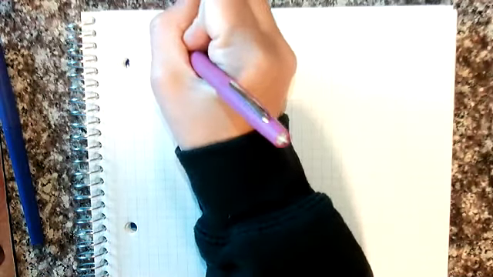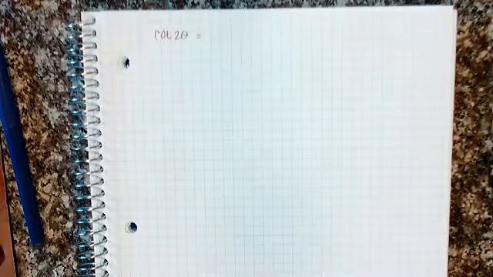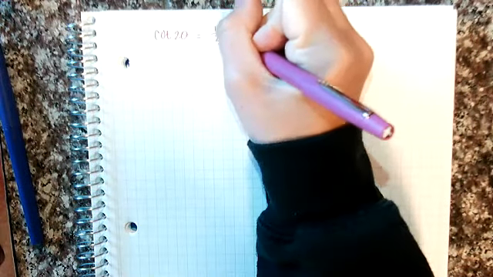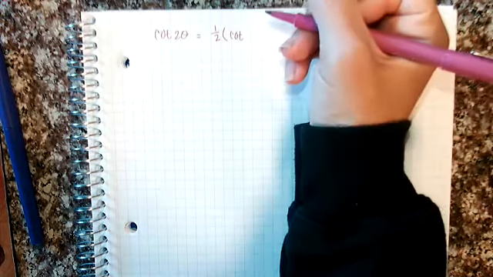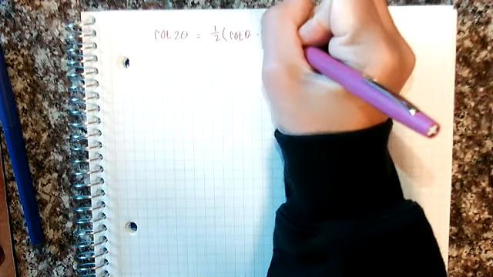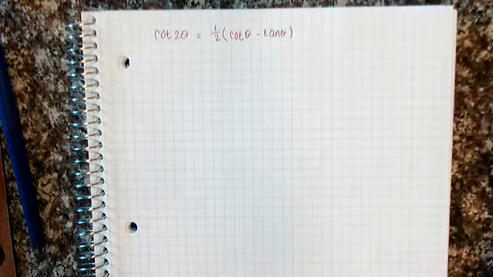The cotangent of 2 theta. So as soon as I write down cotangent, I'm thinking cosine over sine is equal to 1/2 the cotangent theta minus the tangent of theta.